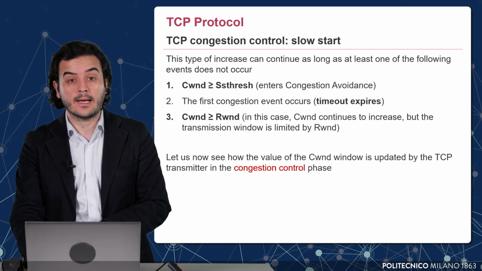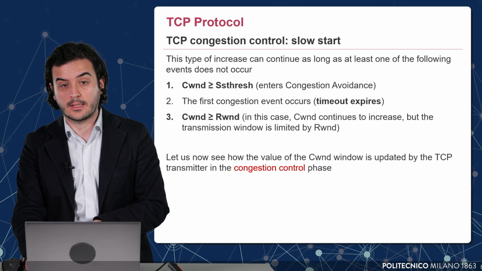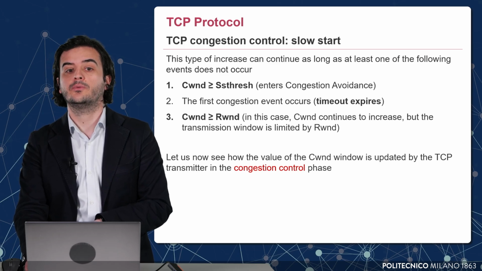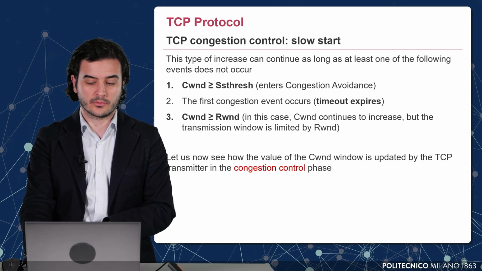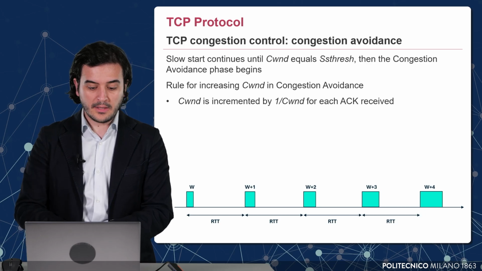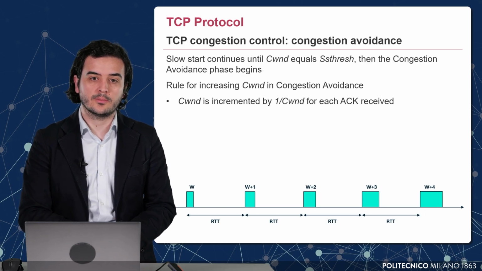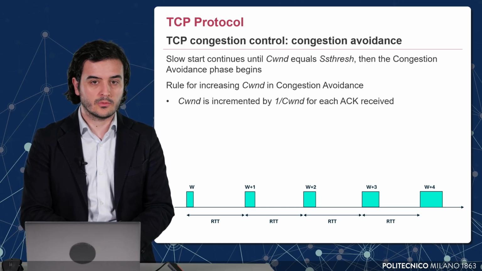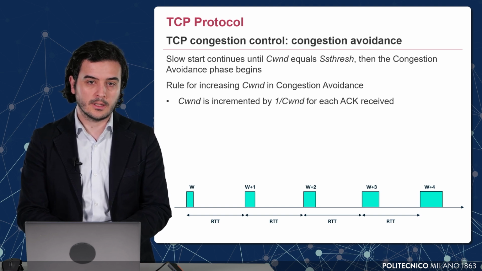So let's look at what happens exactly when the TCP transmitter is in the congestion avoidance phase. The main thing we identified in the slow start phase was how the congestion window increases.